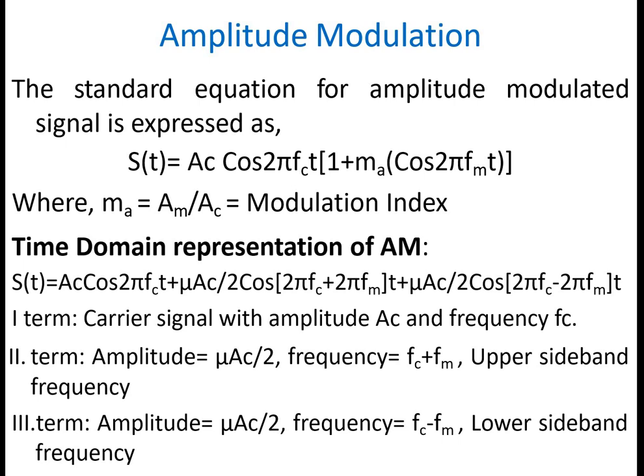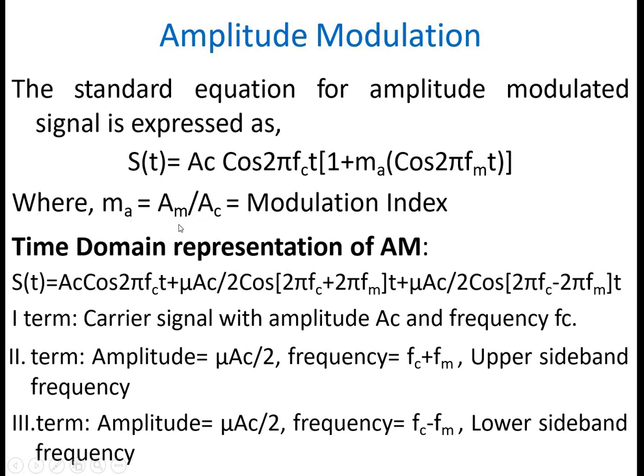Then for amplitude modulation, the standard equation for the amplitude modulated signal is the combination of the carrier signal and the modulating signal, represented as S of t equal to AC cos 2 pi fct times (1 plus MA cos 2 pi fmt), where MA is the modulation index of the amplitude modulated signal.